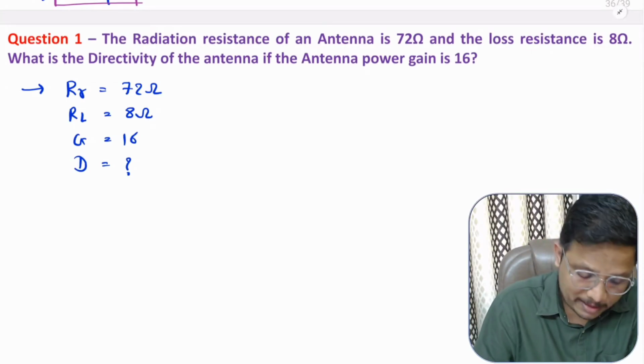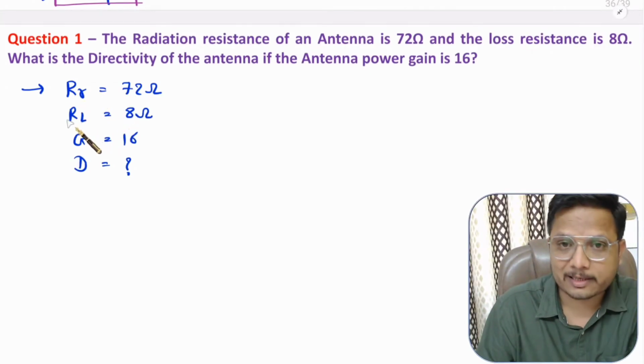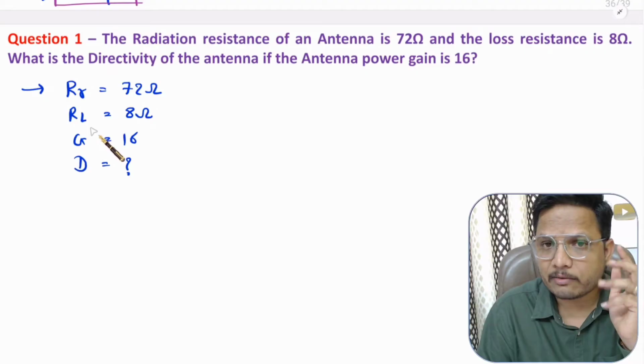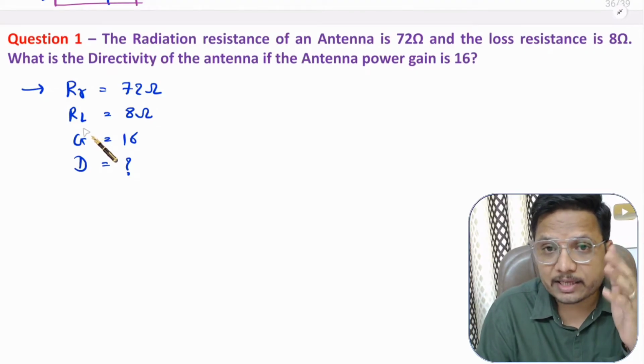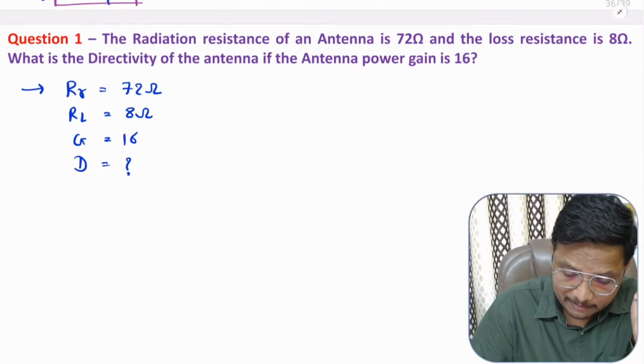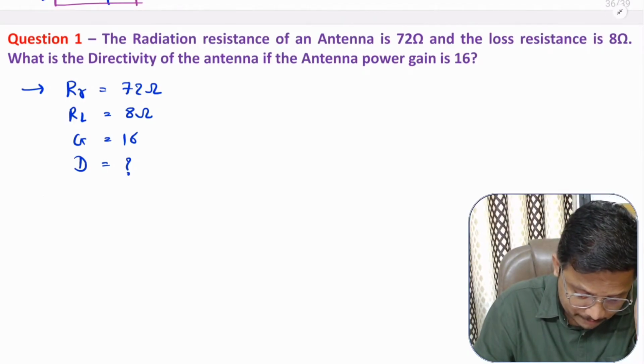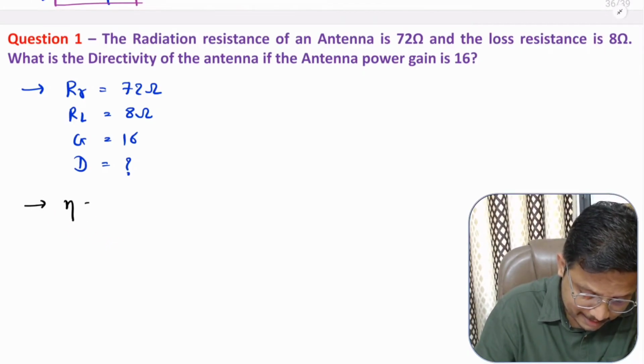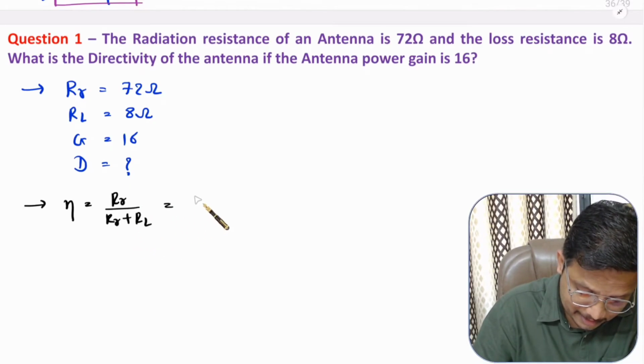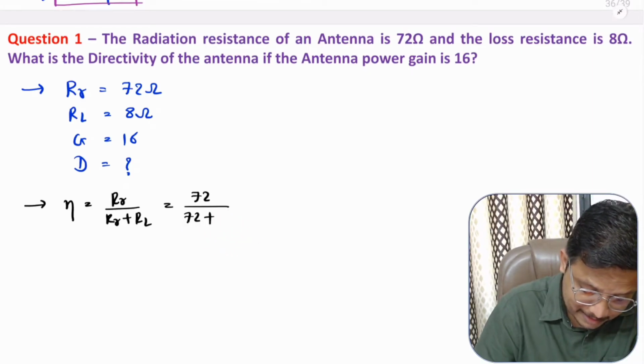See, here we have been given the radiation resistance and loss resistance. Based on that, we can identify the radiation efficiency. I have explained that in my earlier videos. Radiation efficiency is radiation resistance divided by radiation resistance plus loss resistance. Radiation resistance is 72 and loss resistance is 8.